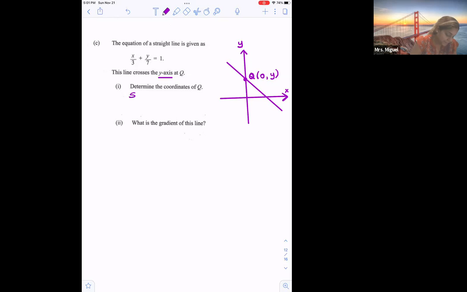So we substitute x equal to 0. So 0/3 plus y/7 is equal to 1. So y is equal to 1 multiplied by 7, y is equal to 7. So the coordinate of the point is 0, 7.